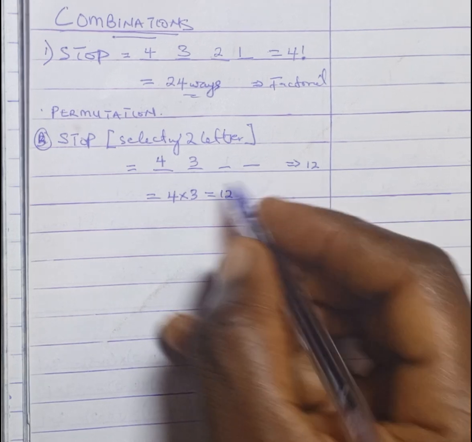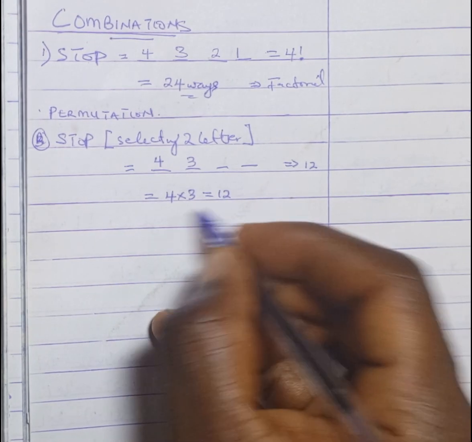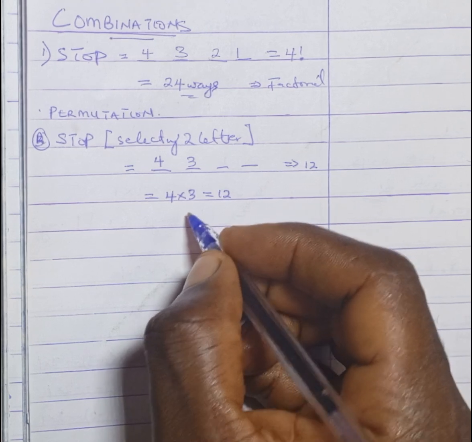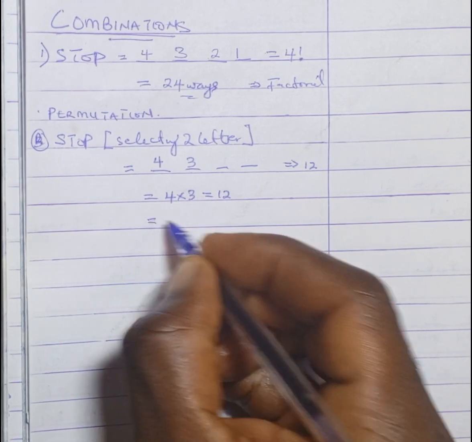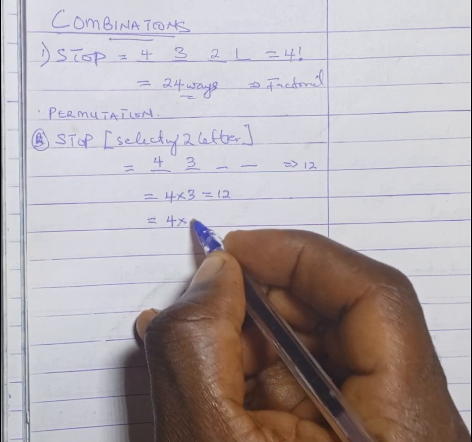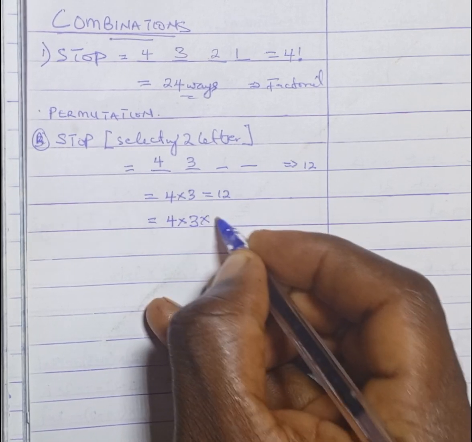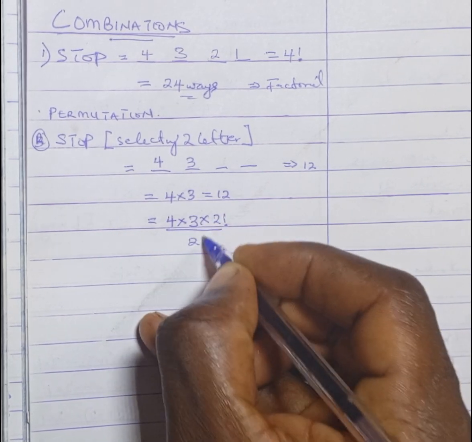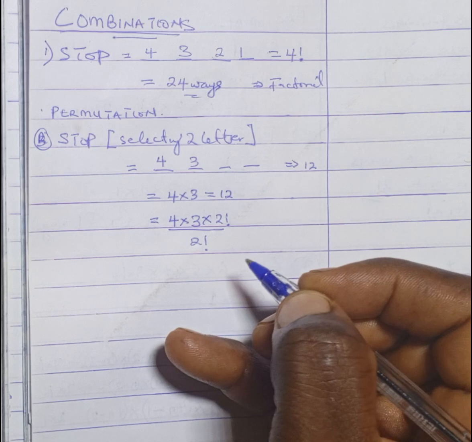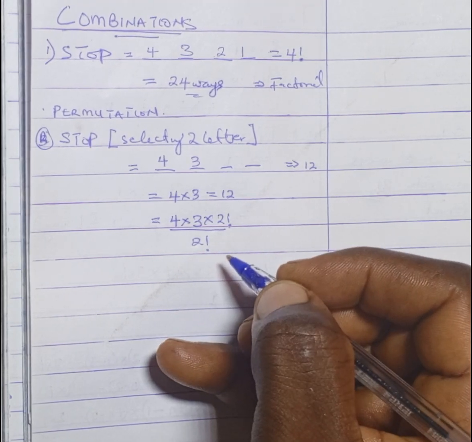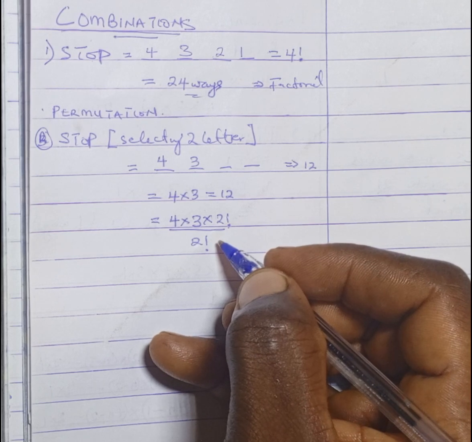You get that point. So how can we write this and make it look more like the usual permutation formula? So remember that this can be written as 4 times 3 times 2 factorial, all over 2 factorial. I hope you know. It could be written like that.